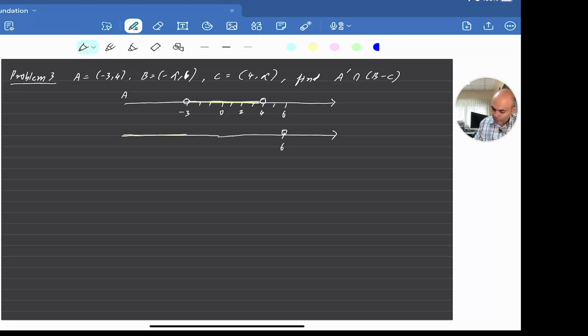So all points between minus infinity and 6 are included in B. C includes points from 4 to infinity, all points to the right of 4.